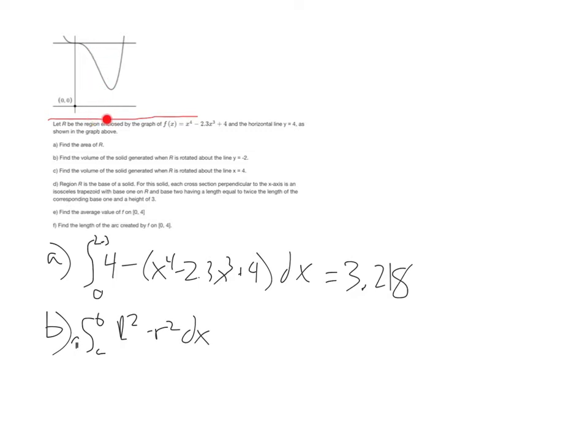Well, I know that this distance, not to scale, is 2. And then from the x-axis all the way up here is 4. So big R is 6. Six squared minus, now it's from the axis of rotation to the closer piece, which is not constant.